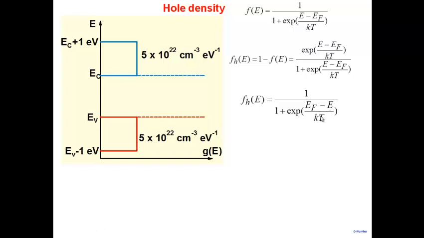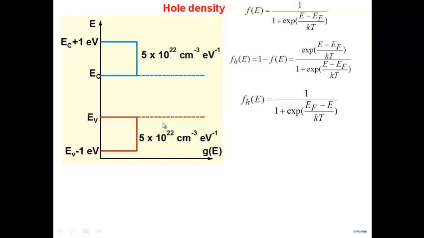All right. So it tells us the probability that any state, and note our focus is on the valence band here, is occupied by a hole, and this depends on this exponential. So the further away E is from the Fermi energy, the lesser and lesser the probability is. Okay. So that's the probability of energy state E here.